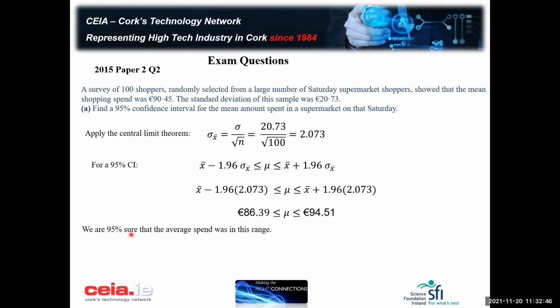We're 95% sure, based on our measurement of 90.45 and our standard deviation, that the whole population of Saturday shoppers spent on average a value in this range.